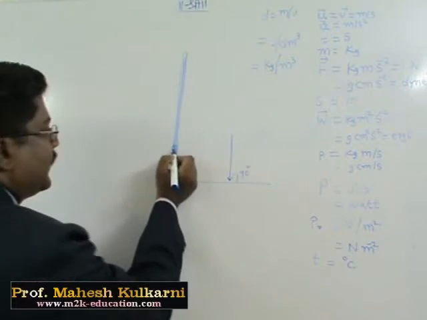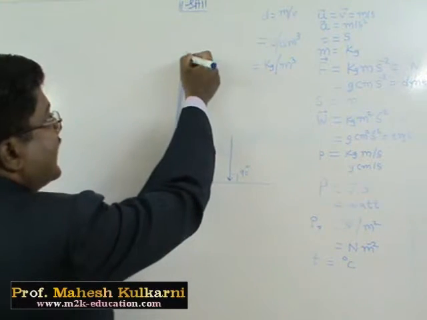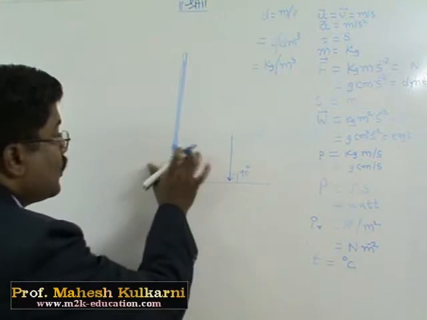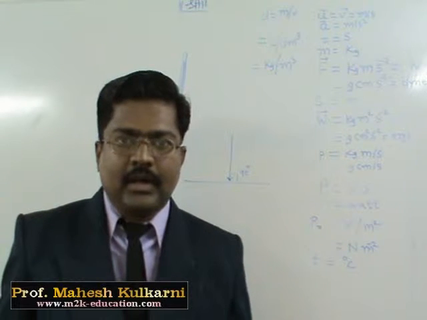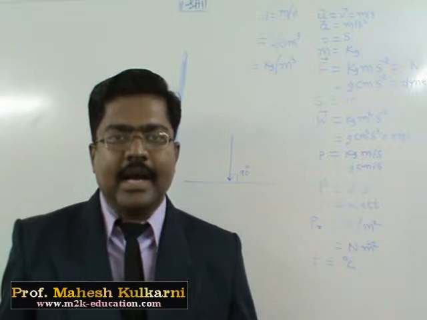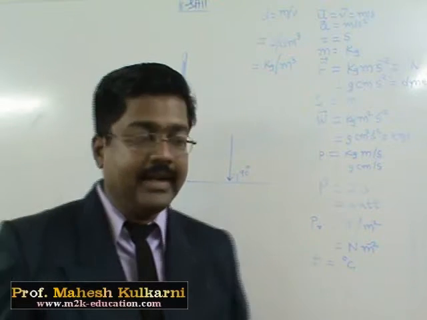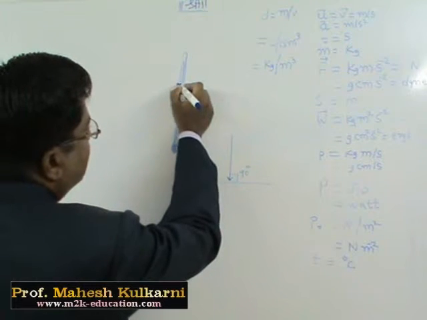Now here I am filling this tube with mercury, this bulb with mercury, and this is the capillary. Now I have to go to sea level and boil very pure water. Whenever I boil very pure water, it will have a certain temperature.